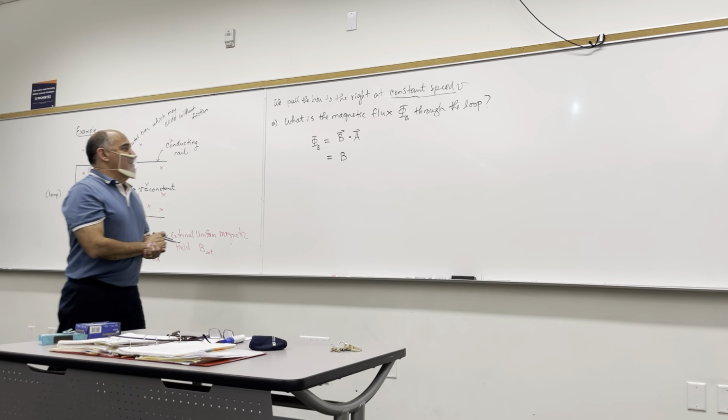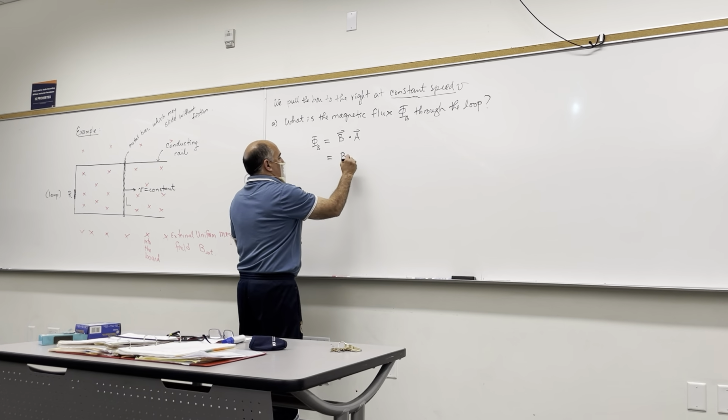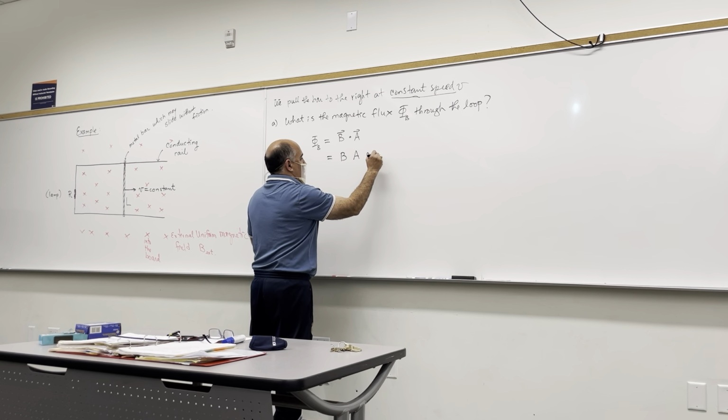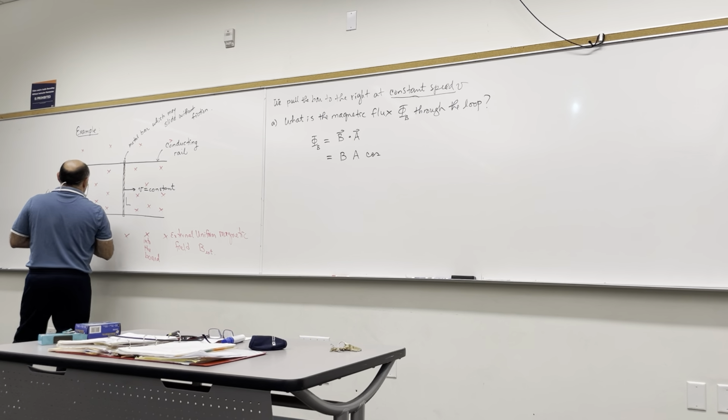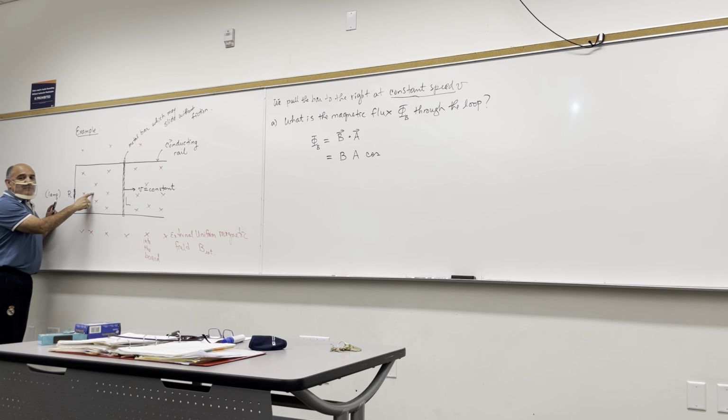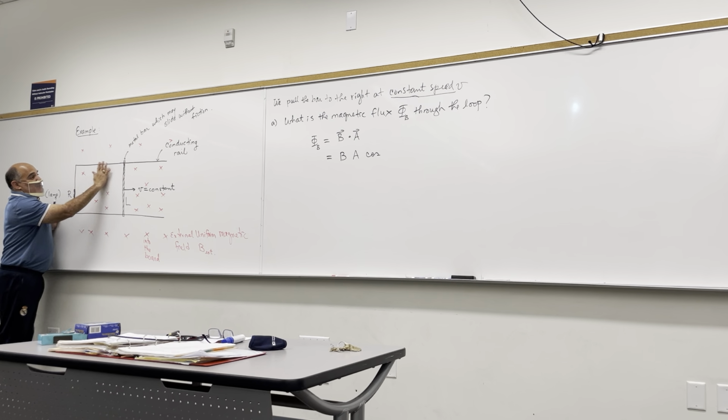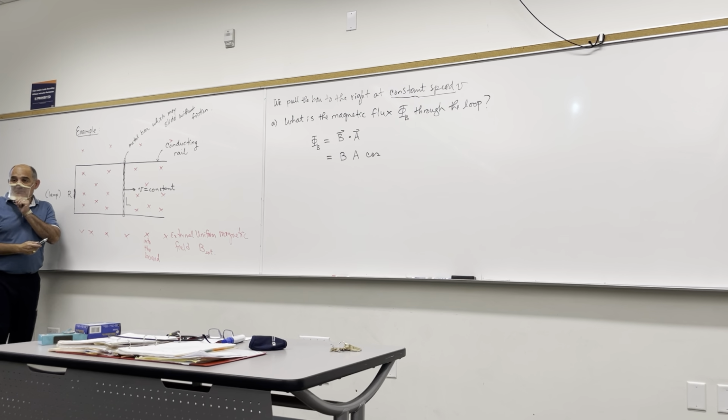Times the magnitude of the area vector, times the cosine of the angle between the magnetic field vector and the area vector. Well, the magnetic field is into the board. The area vector has to be perpendicular to this loop. It could either be out or into. How about I choose into?